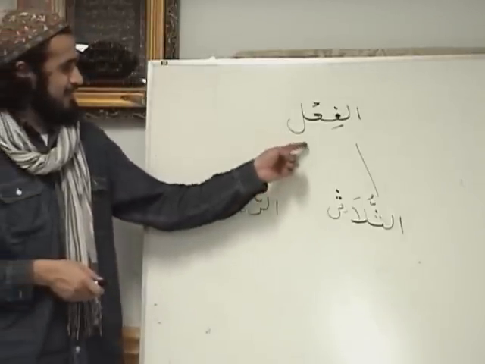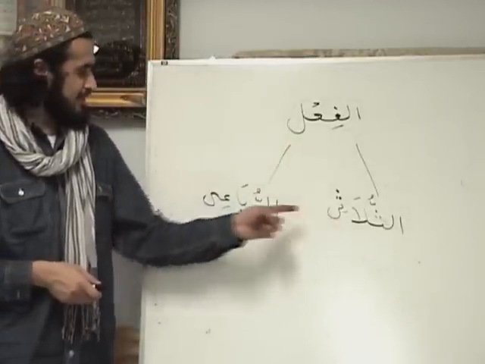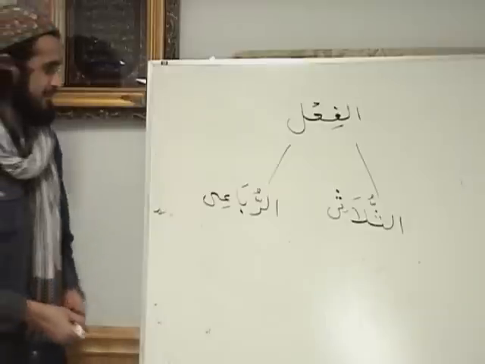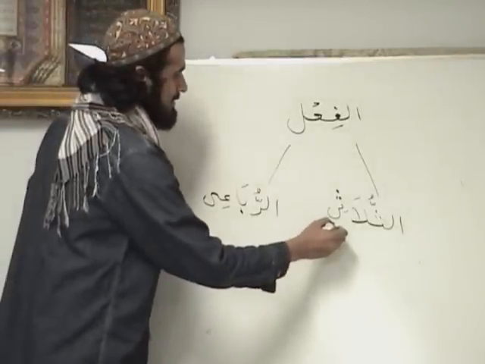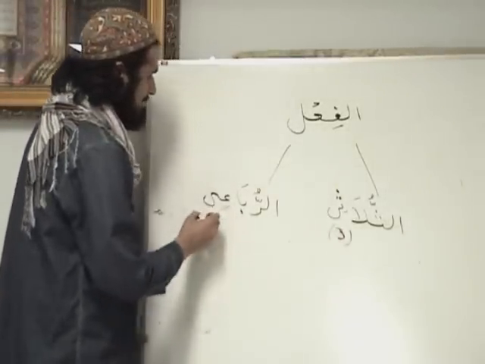But this means the fi'l can have 3 original letters or 4 original letters. 3 or 4.